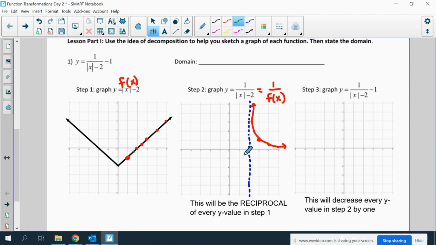The reciprocal of that is -2. 1, -1 becomes 1, -1. 0, -2 becomes 0, -1/2. -1, -1 becomes -1, -1. -1.5, -1/2 becomes -1.5, -2. And what you can see is something that appears to be going off toward these asymptotes.